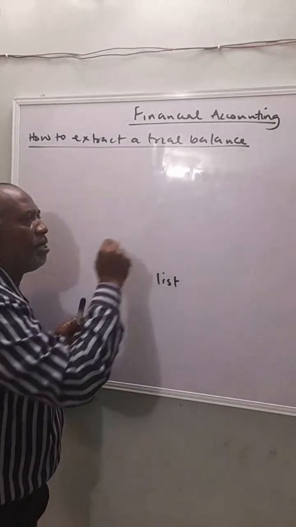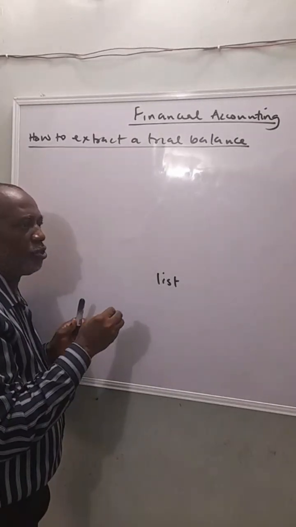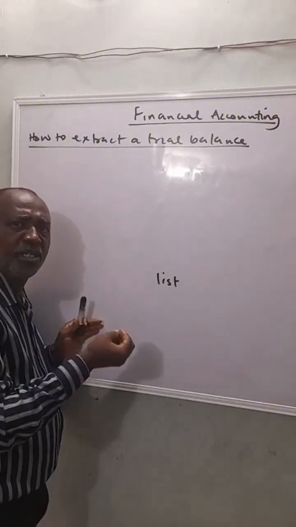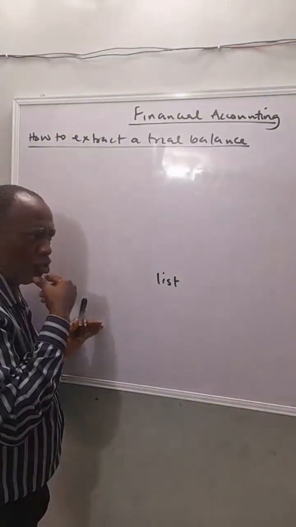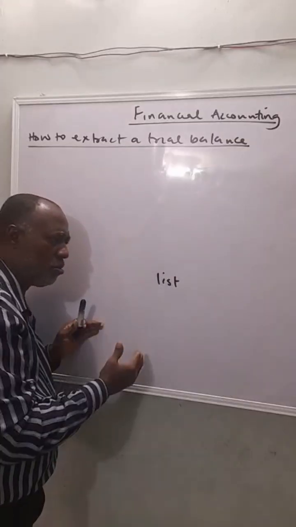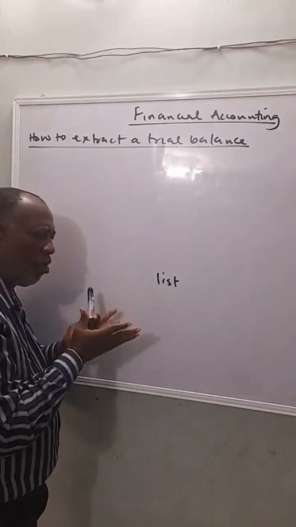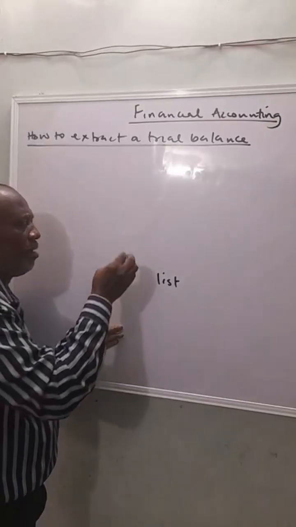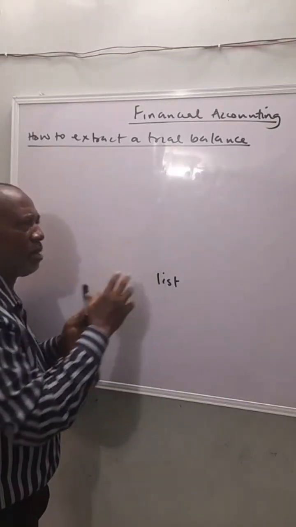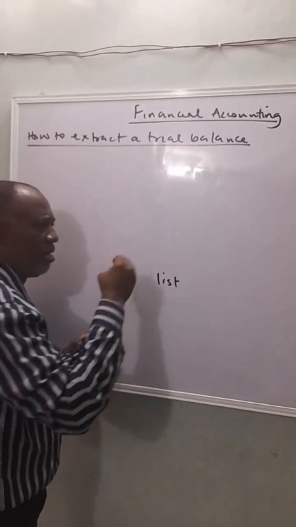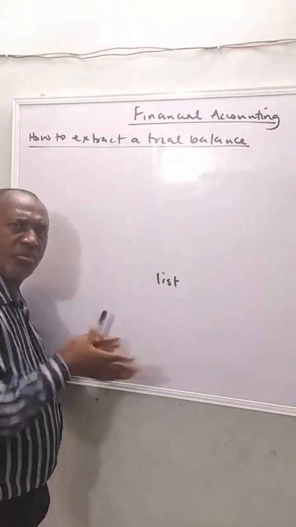The purpose of preparing a trial balance is to determine arithmetical accuracy, to know whether additions done in the ledger when posting to ledger are all in order. And for a trial balance, the two sides must agree. Transactions on the debit side of the trial balance and transactions on the credit side of the trial balance must agree.